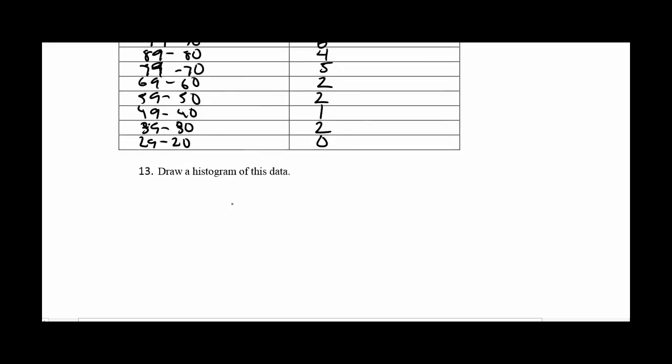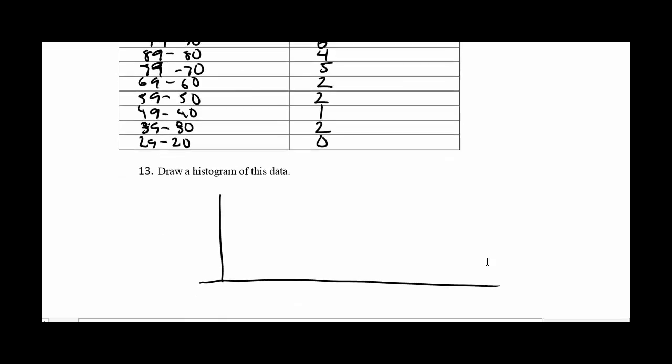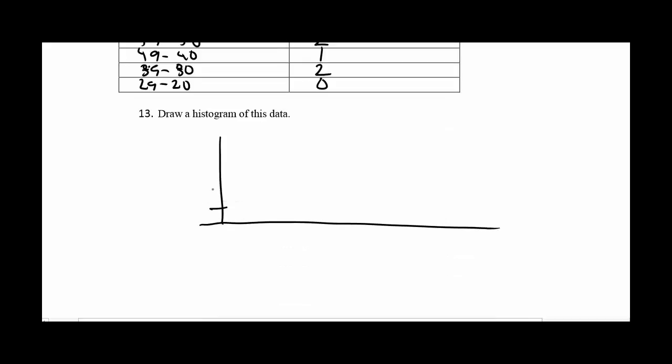Next up is to draw a histogram. And I can see that the highest I go up is 6. So 2, 4, 6, 8. Kind of separate out that way. Now with histograms it is a little different as far as how I label the box. There's a natural order to this and I have to label it correctly.